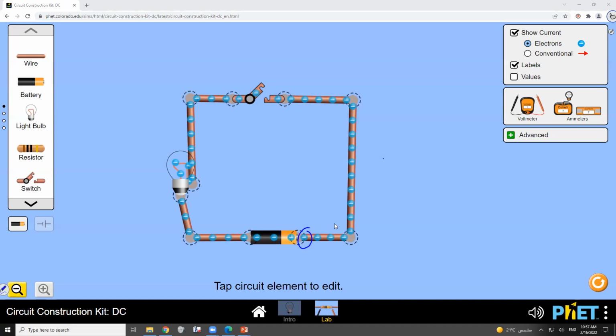So the moment you close the switch, what happened? Not the electrons, but the electric field from the battery will be transmitted to the bulb location at the speed of light.